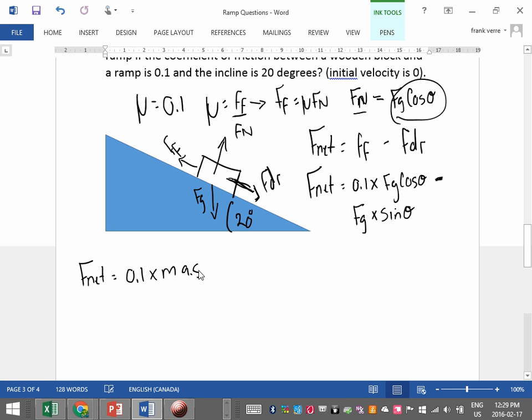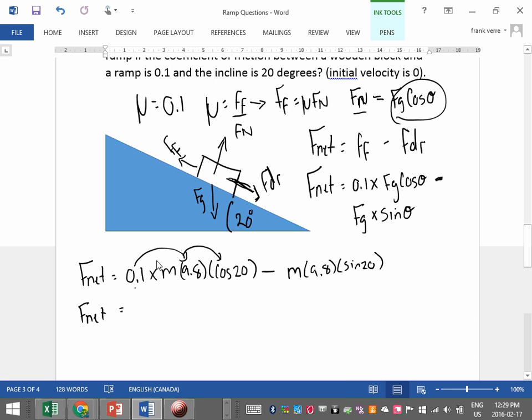We know it's 9.8 times cosine 20. Okay, that's the first part of my equation. Minus mg, we know it's 9.8 times sine 20. Okay, so let's make this a little bit easier. So 0.1 times 9.8 times cosine 20. What is that?